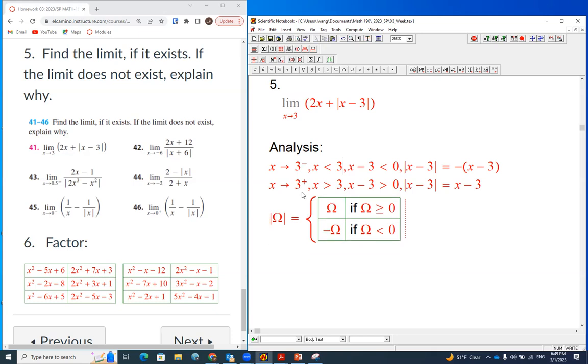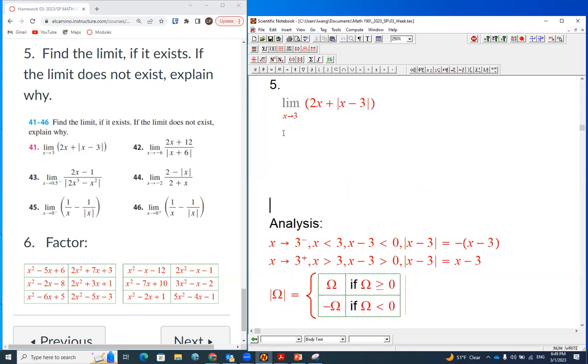So this analysis basically tells us that we have to look at these two cases. One case is x minus 3 is positive. Another case is x minus 3 is negative. So that's why we have the following operation.